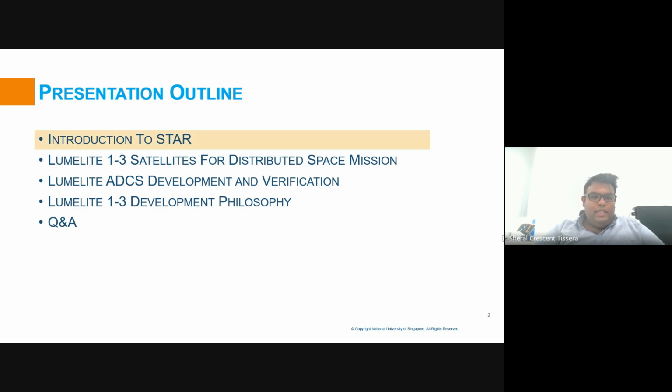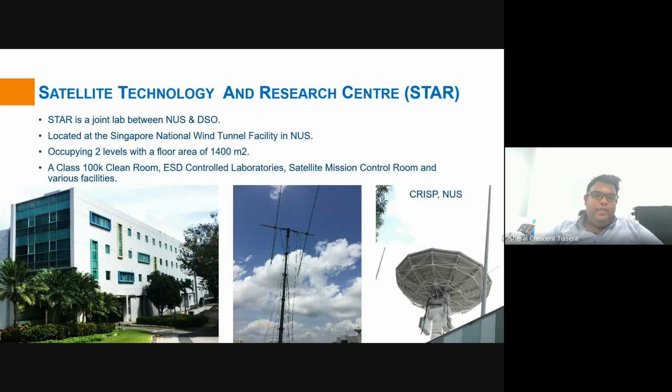So just to give an introduction to STAR, it is a joint lab between the National University of Singapore and the Defence Science Organisation in Singapore. It was set up in the year 2017, and it is located in the Singapore National Wind Tunnel facility here in NUS.